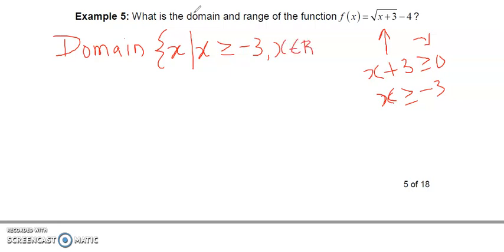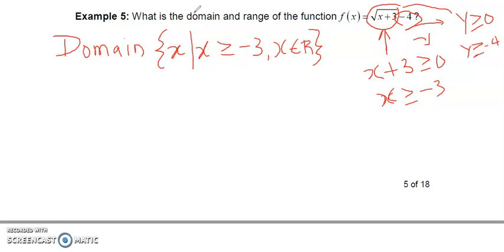But as I said, I won't be asking you for a domain and range when you're drawing the graph. For the range, the range means your y values. Remember when we did square root functions, the values you're going to get back are greater than or equal to 0. But you're subtracting 4 from that, so it can go all the way down to negative 4.